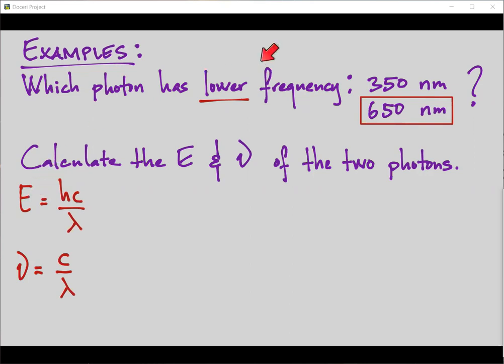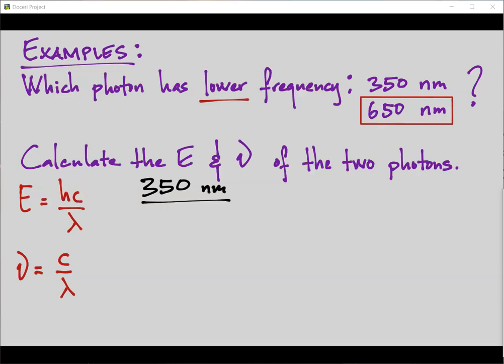So we can use this since we have the wavelength given. We can calculate energy, which is hc over the wavelength. We can calculate the frequency, which is equivalent to the speed of light divided by the wavelength. And again, you would have to convert the wavelengths to meters first because they're given in nanometers.